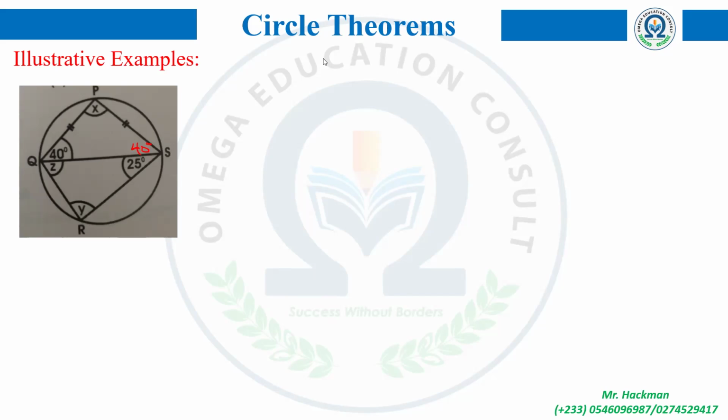Mr. Hackman, please, can you use this to find the z? Angle QSP plus angle QSR plus angle SQR plus angle SQP is equal to 180.